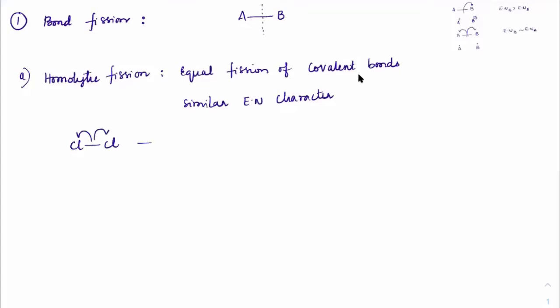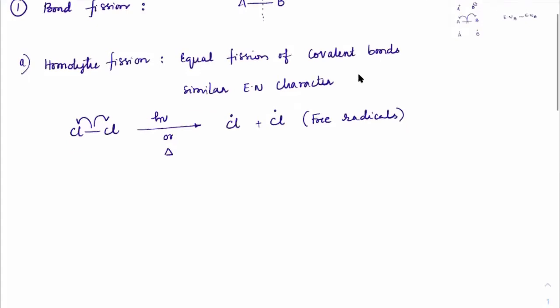So on heating, or passing a particular radiation of light, it will split into radicals. Then we say it has undergone homolytic fission. The species which are formed are called free radicals. This is about homolytic fission.